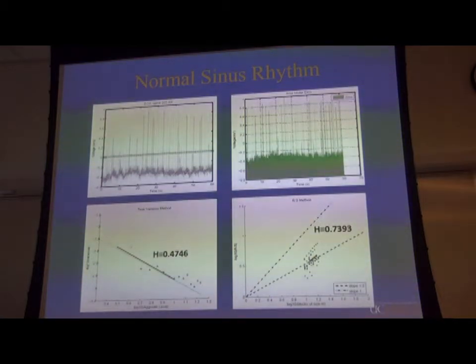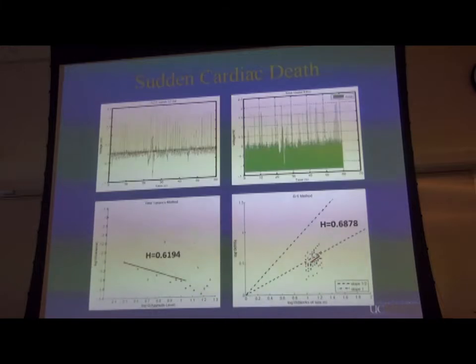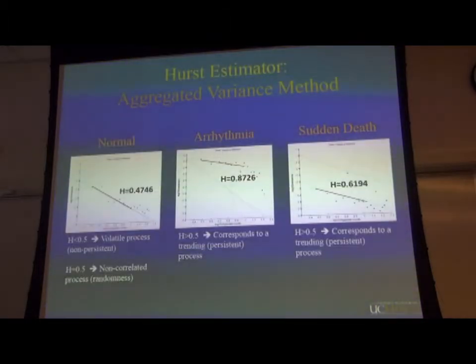And then I'm going to go over the Hurst parameter meanings because I'm running out of time. I have them all in a slide together. And this was the arrhythmia data set, and this was the sudden cardiac death data.